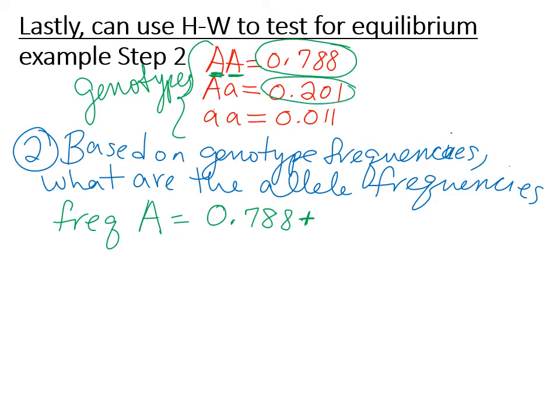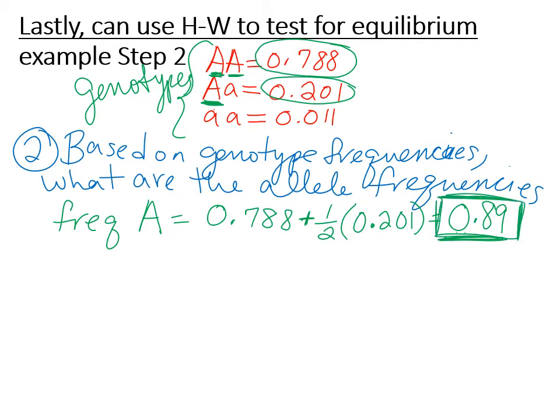The second number, but it's only half of that. Our dominant allele only represents half of that genotype frequency because the other half is the recessive allele. So we say plus 1/2 of our heterozygous frequency. And that should give you 0.89 frequency of allele capital A. Okay, so we circle, star, highlight that number.